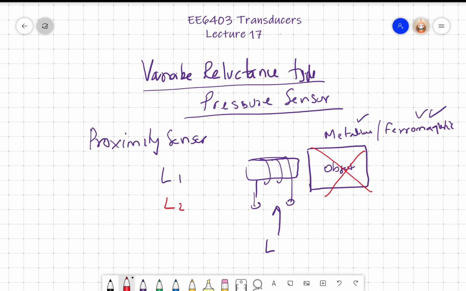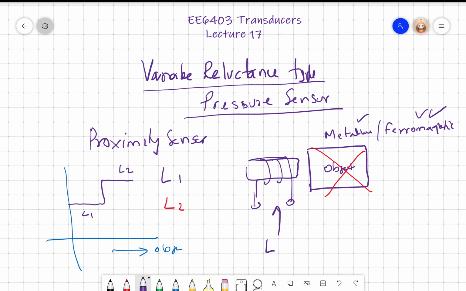So if I look at the presence and absence of the object, and I look at the inductance, this will be L1 and L2, or vice versa.